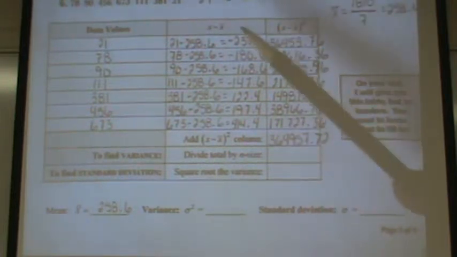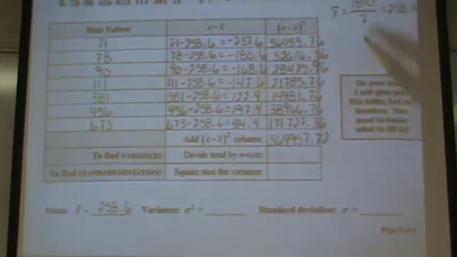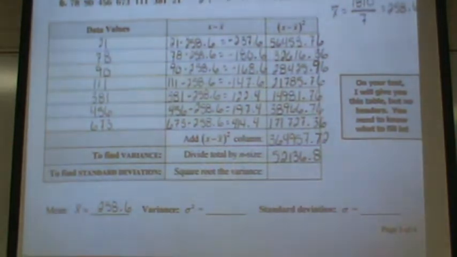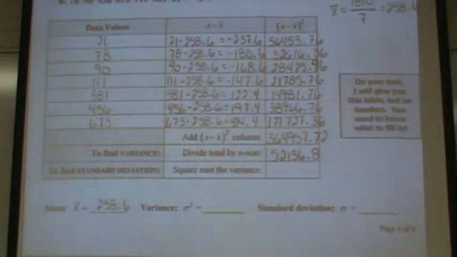N was our number of data points. We had 7 data points, so we're going to divide this number by 7. When we divide 364,957.72 by 7, we get 52,136.8. So our variance for problem 6 is 52,136.8.